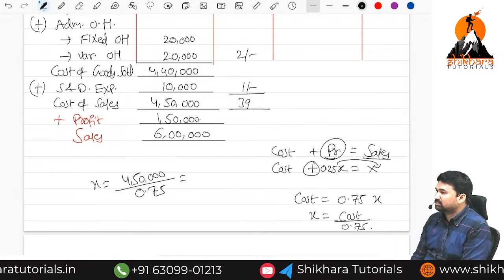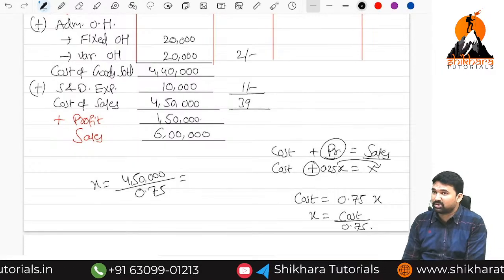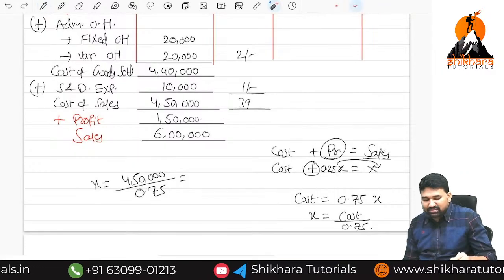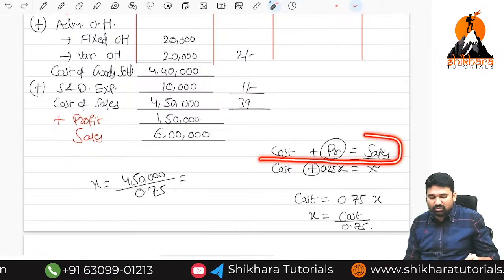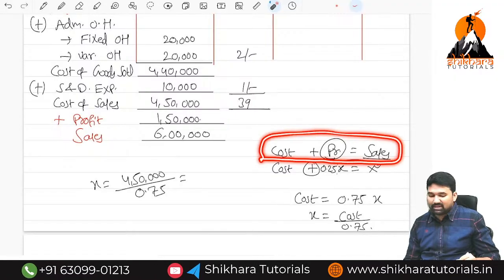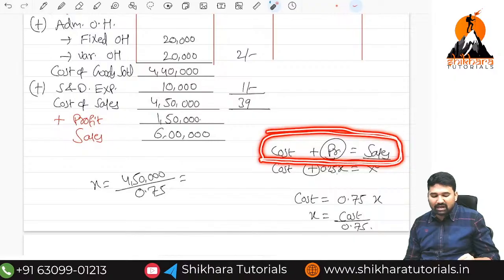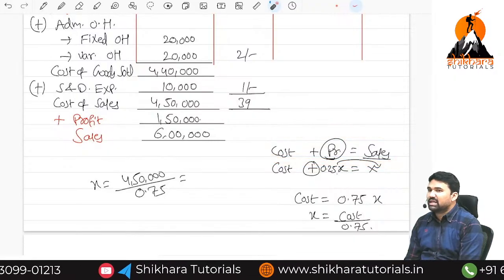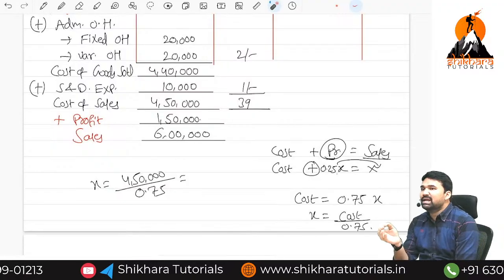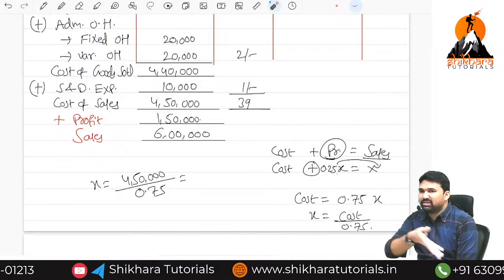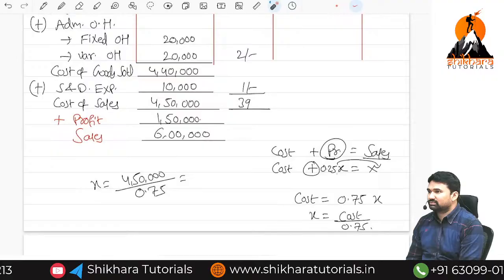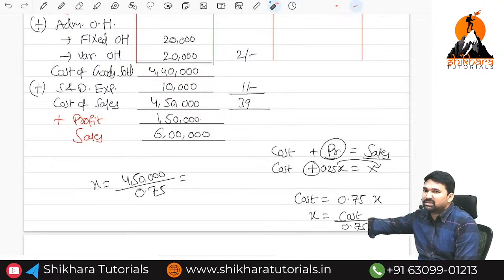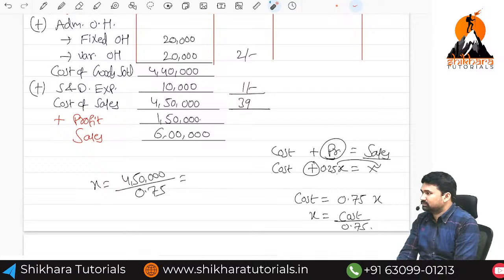Everybody understood how we calculated sales and profit? It is very simple. Don't complicate the subject. This rule is common sense. Even an illiterate person will know this rule. Say for example, there is an illiterate person running a hotel on a roadside.